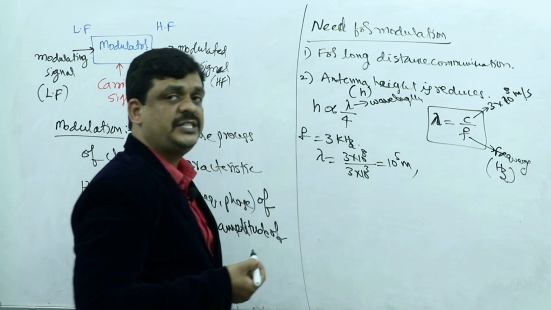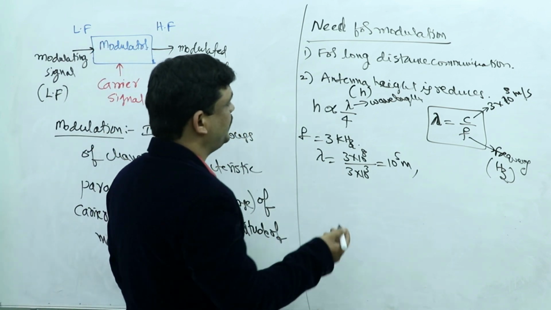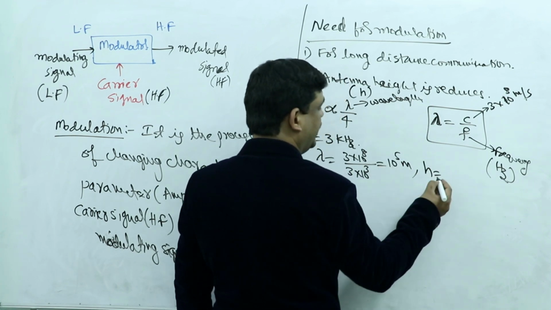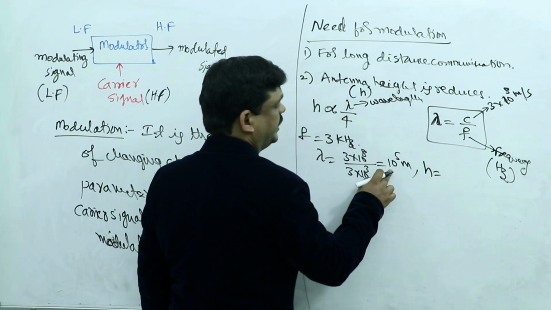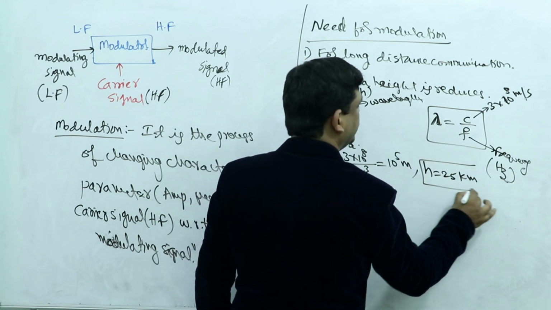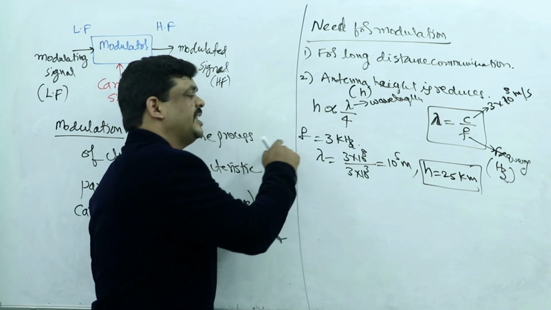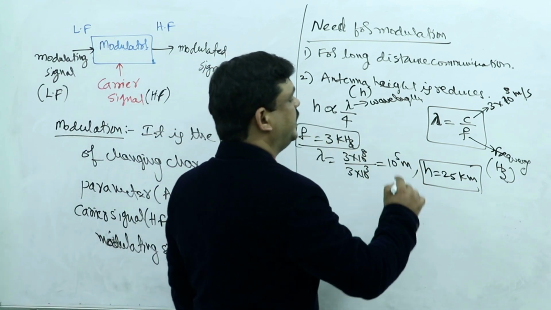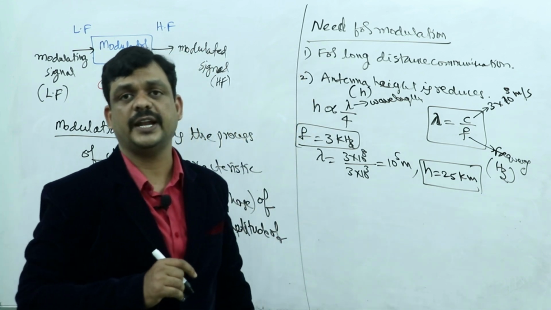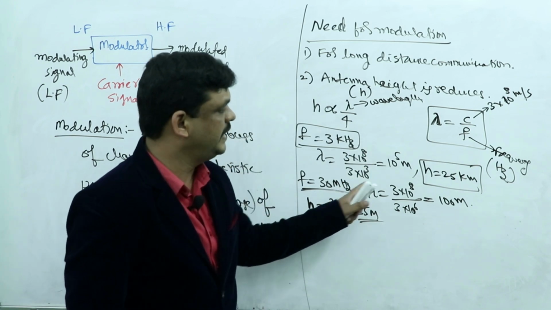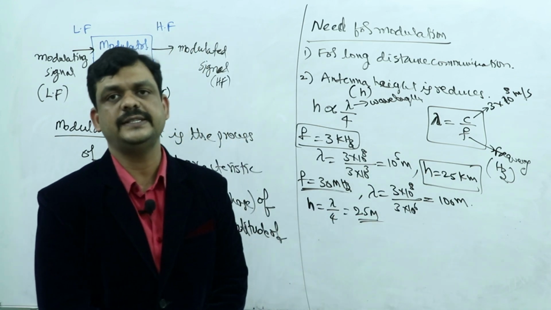So if the wavelength is 10 to the power of 5 meters, what is the expected height of the antenna? The height of the antenna is approximately 25 kilometers. So to receive or to transmit this range of frequency signal, an antenna height of 25 kilometers is required. If the frequency of the signal increases, automatically antenna height is reduced.